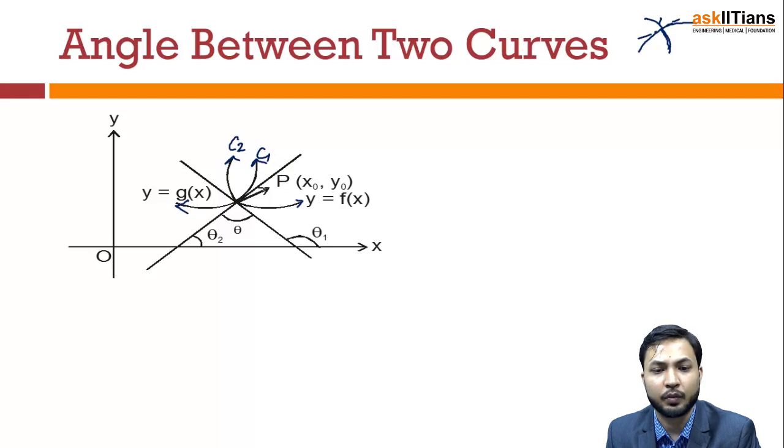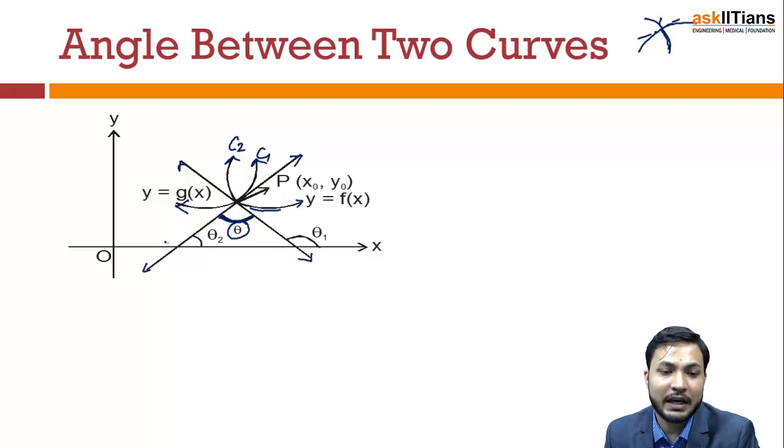You see, this is my one curve and this is my second curve, let's say C1 and C2. Now this is one tangent and this is the other tangent. For this curve I have this as my tangent, and for this curve I have this as my tangent. Now when these two lines intersect, they give me a proper angle termed theta.